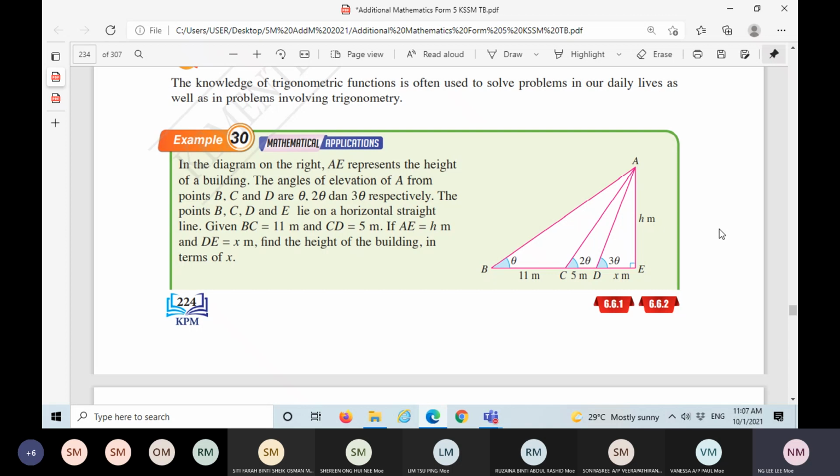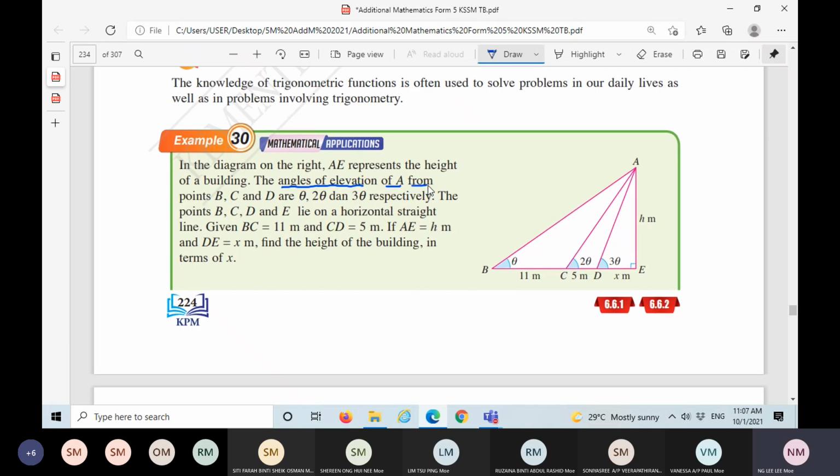So now I help you. If they say this is the angle of elevation of A from point B, from point B means you are standing at this point B, looking up to A. Elevation is looking up.